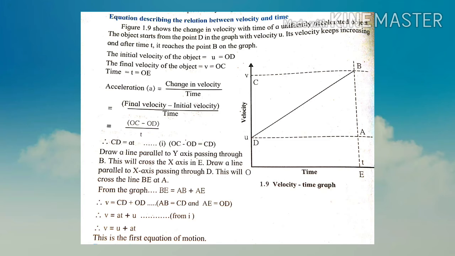If we put those values, then v is equal to at plus u. Therefore, v is equal to u plus at. In this way, the first equation is proved with the help of the graph.